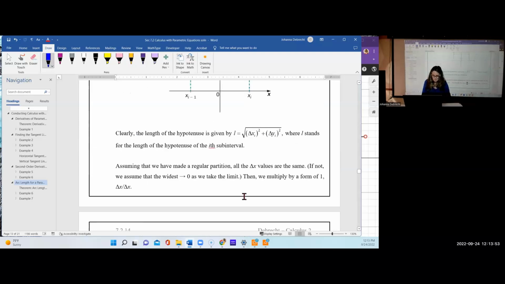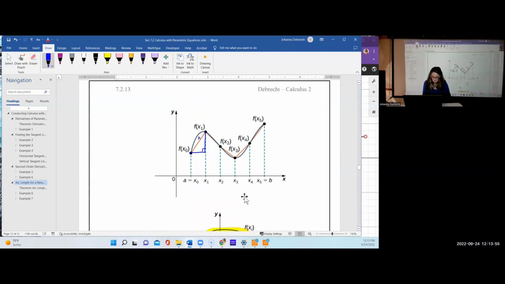So, for example, if we're looking up here at this graph, we can see that on this particular one, this becomes the delta y sub i here, and that's the delta y sub i there, and they're clearly different. They're not the same length, right? So they're going to be different on each one. But if you make the partition regular, all the delta x's will be the same. And so this right here becomes delta x, and this is the same width, which is also delta x, right?